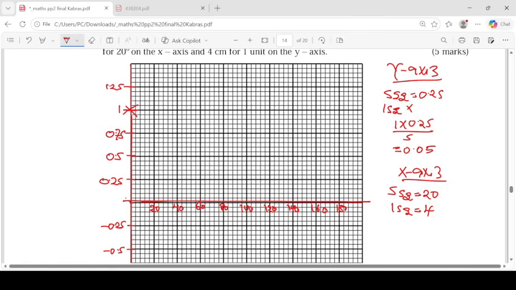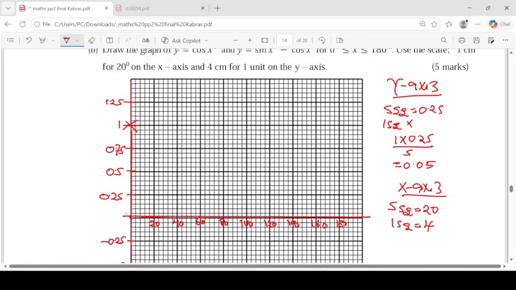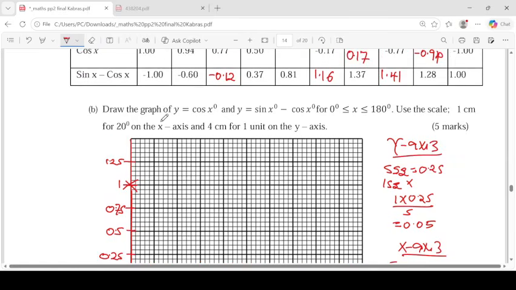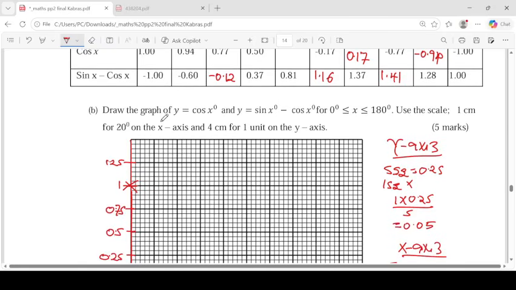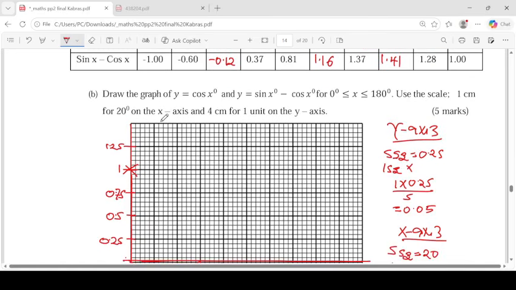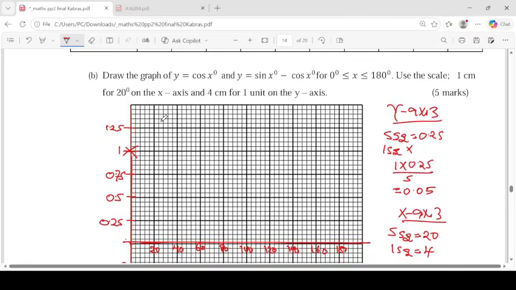Now, once we have that interpretation, our work has been simplified, ladies and gentlemen. We know that at 20, it should be at 0.94. I want to know how many small squares that is, so I take 0.94 divided by 0.05. This is 18.8 small squares. So 5, 10, 15, 16, 17, 18. There.